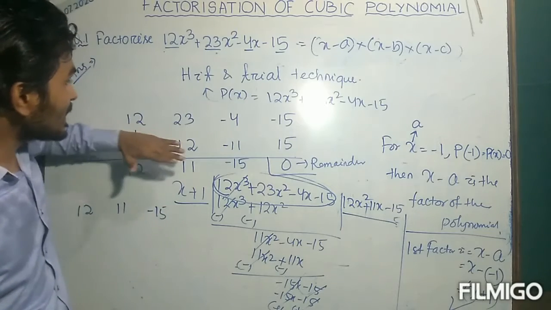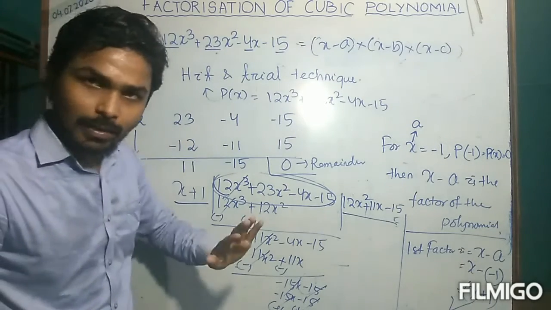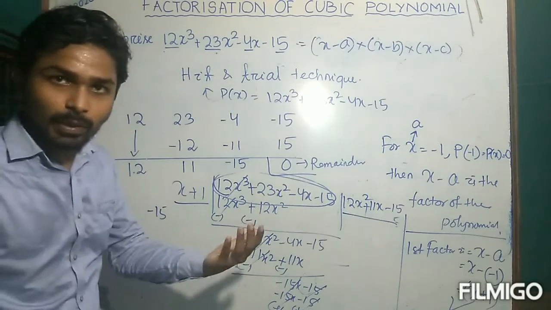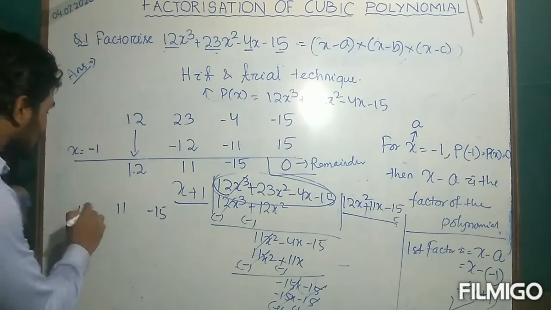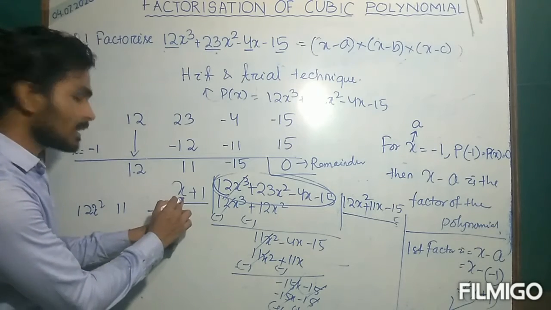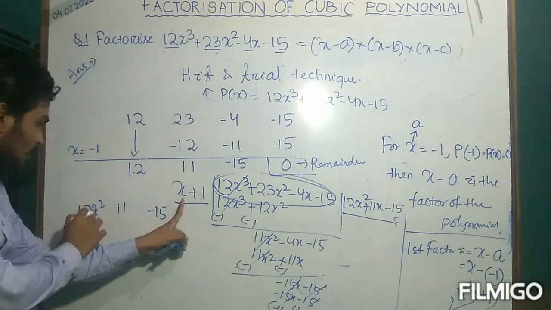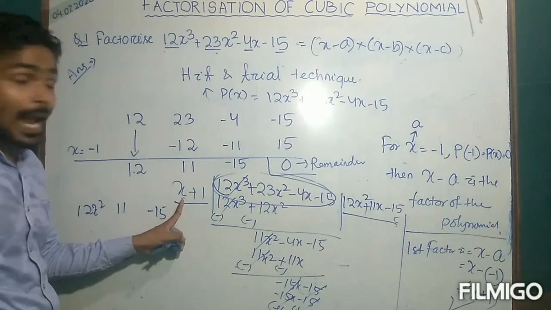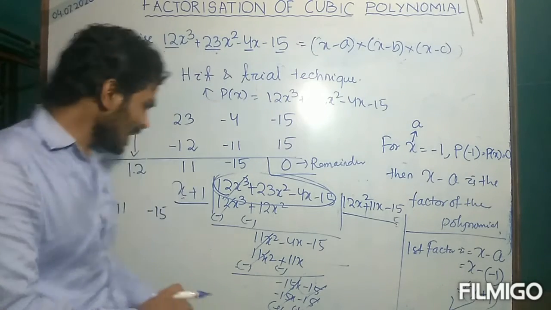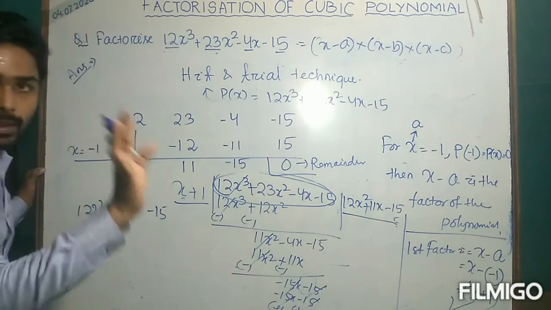Now, since it is divided by x plus 1, when we write the variable we should write x square here. Why do we write x square here? Because when x is multiplied with x square, it gives x cube. And if we write x cube here, then it will be x fourth. That is why we have to write x square only.